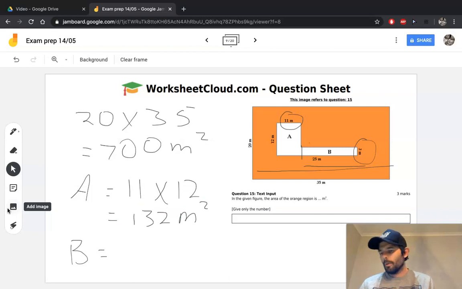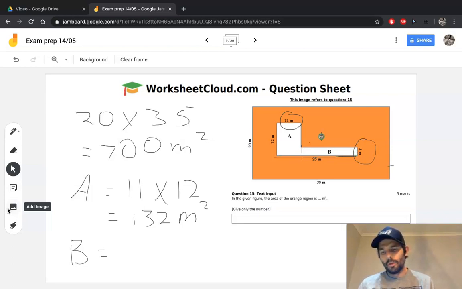Now for B, we know that the width is 3 meters. I have it circled already. So now we just need to work out the length of B, and the whole length of the white shape in the middle, that whole length there is 25 meters. So if we look at the 11 meters that's circled at the top, we need to take that off the 25.